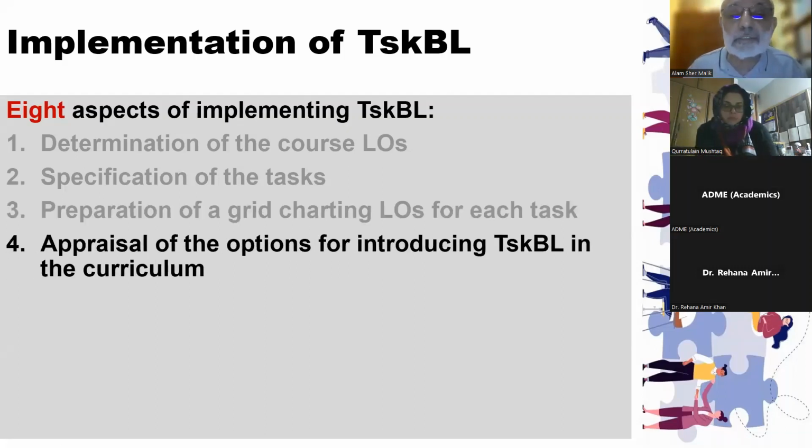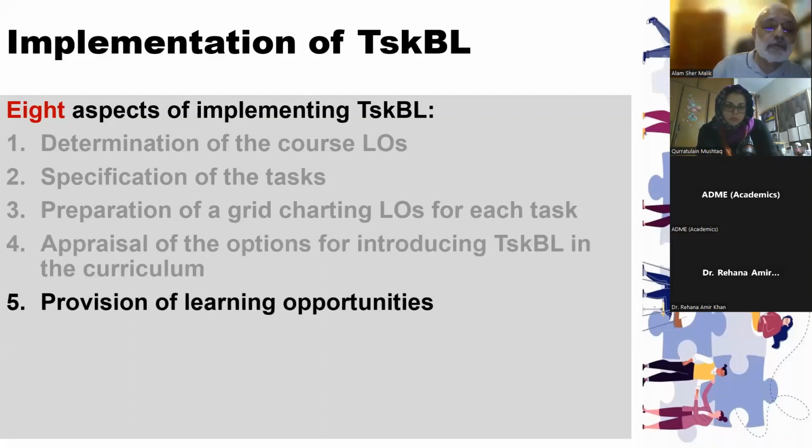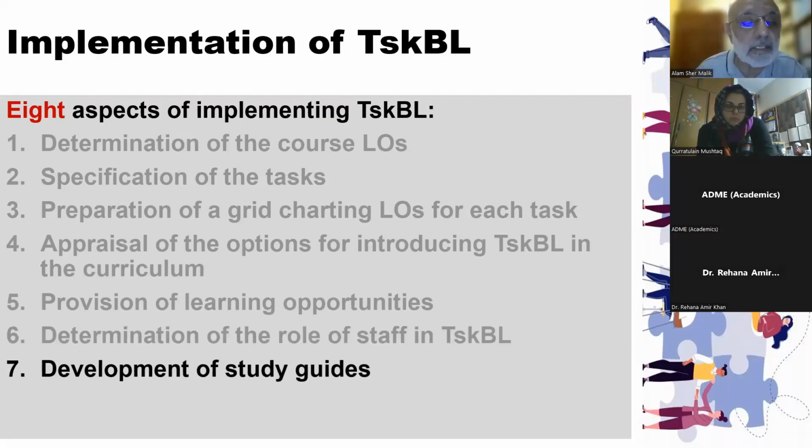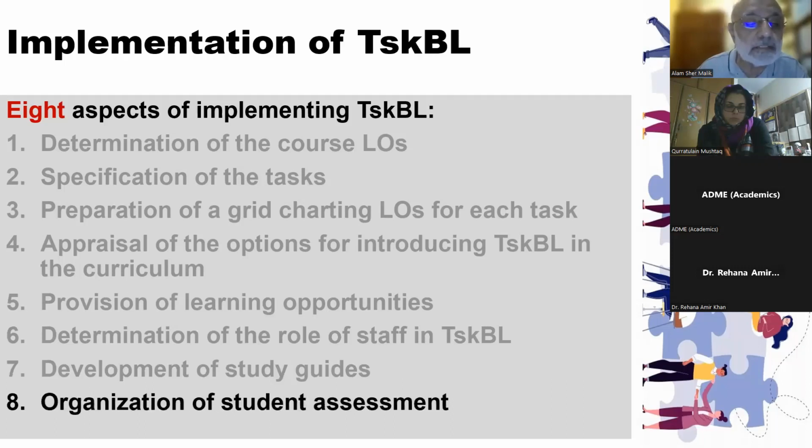Fourth, appraisal of the options for introducing task-based learning in the curriculum. Fifth, provision of learning opportunities. Sixth, determination of the role of staff in task-based learning. Seventh, development of study guides, and eighth, organization of student assessment. So these are the 8 steps. I will explain some of them in the coming slides.